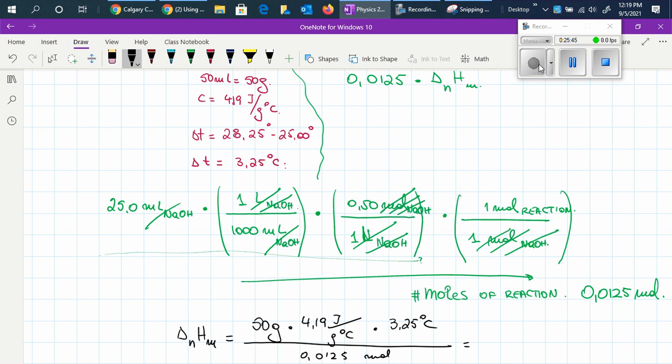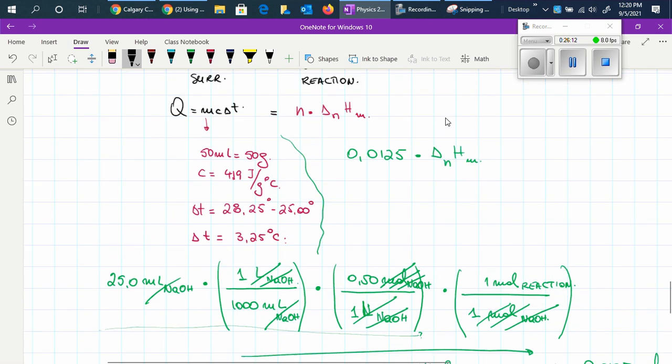So the answer will be 54470 joules per mole, or if you write it in kilojoules, it will be 54.470 kilojoules per mole.